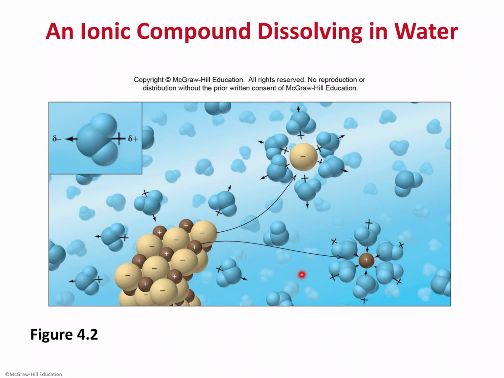The powdered sodium chloride will become completely soluble in water because the water does that. It takes the negative ion chloride and the positive ion and surrounds them with water molecules, either the positive end of the water molecule or the negative end of the water molecule. So an ionic compound is going to be completely soluble in water in this form.